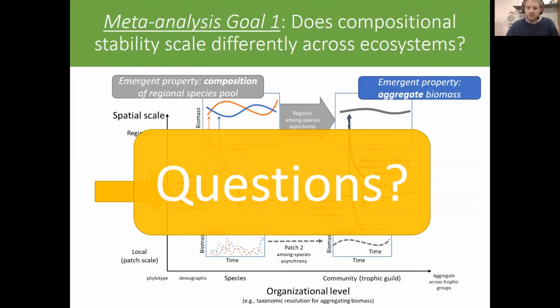The alternative is if you have each of the patches fluctuating in different directions, if a species goes extinct in one patch, it's able to be rescued from another patch. So the idea is that if you have some dispersal but not a ton, that's the most stable scenario. If you have no dispersal at all, then it could potentially be unstable because you don't have rescue effects.